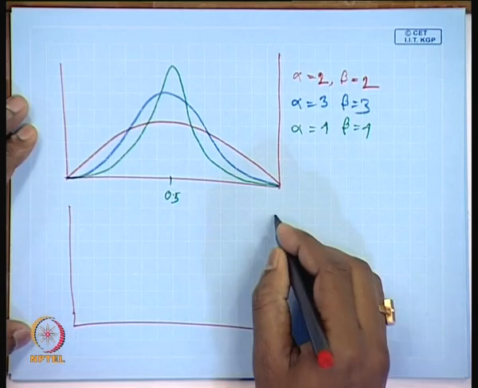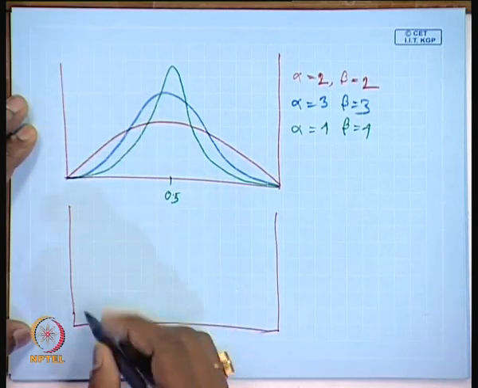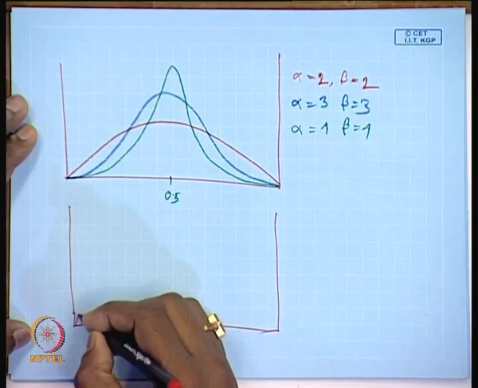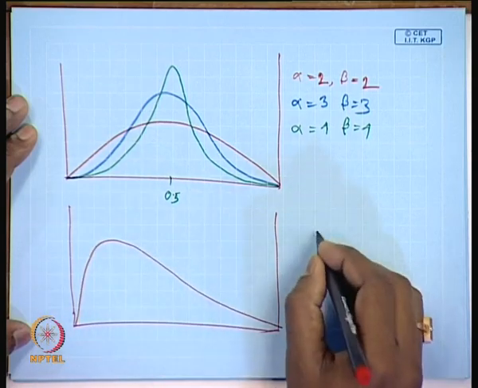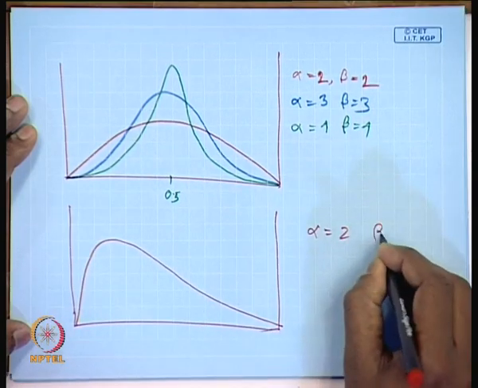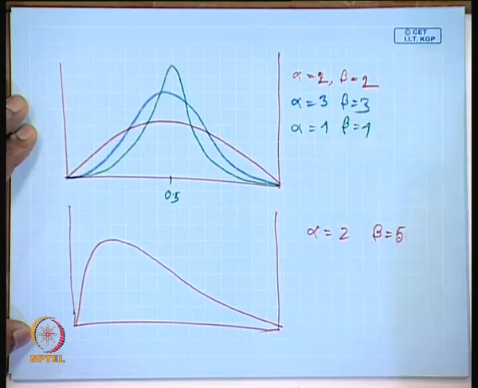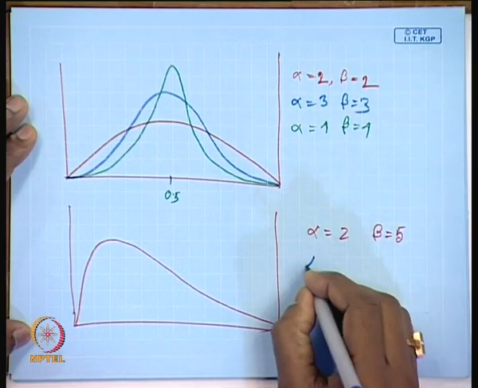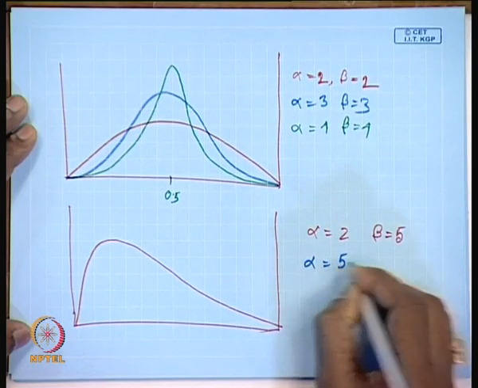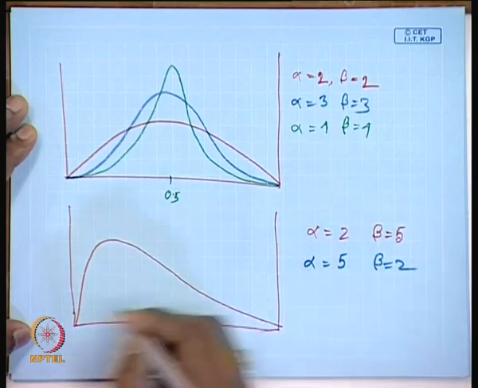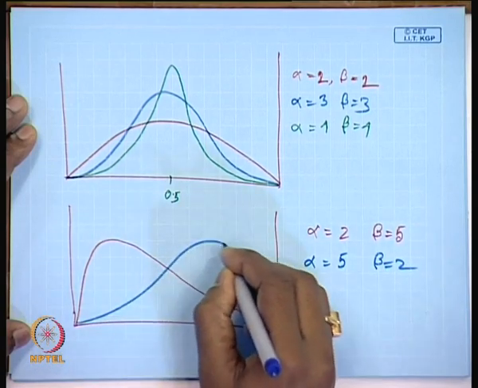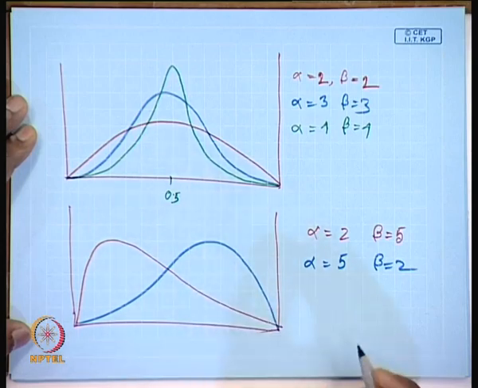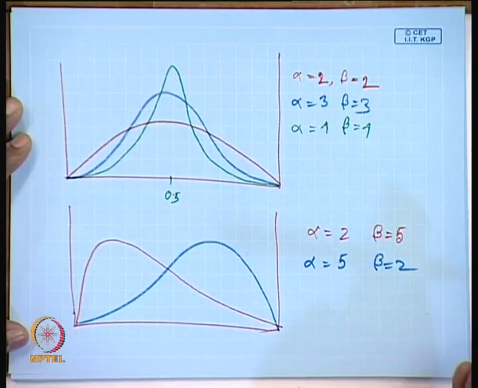So, what I am trying to say, if I take a different frame of the same plot, what is shown here is a positively skewed distribution like this for alpha equals 2 and beta equals 5. Now, if we take just the reverse, alpha equals 5 and beta equals 2, the distribution will approximately look like this, which is negatively skewed.